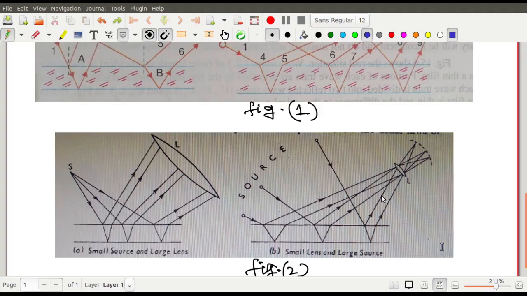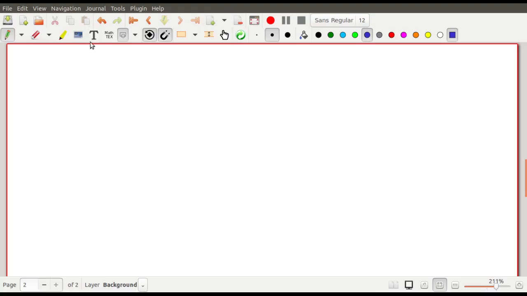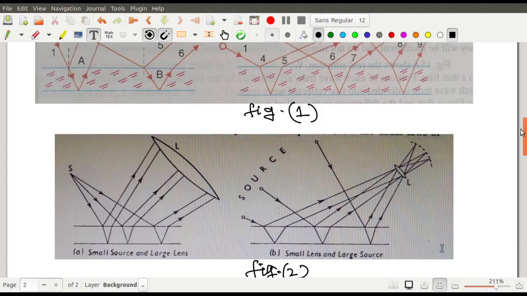So 5 মিনিট আমি একটু লেখার চেষ্টা করছি। If rays from point source, what was the name of the point source? Some name ASP, কিছু একটা name S.